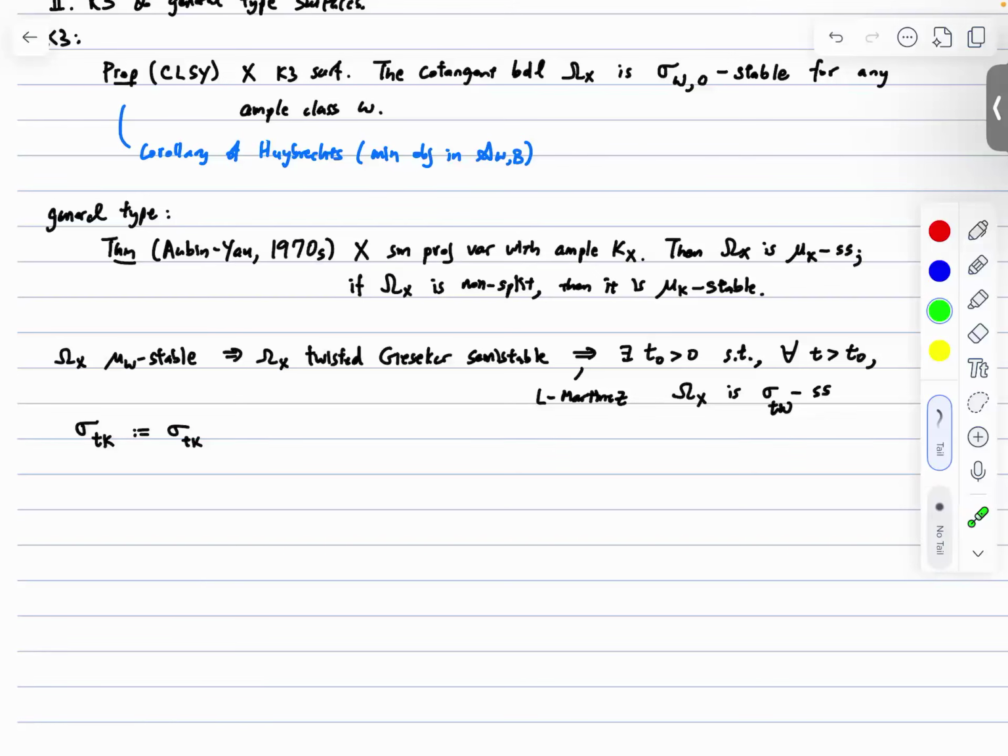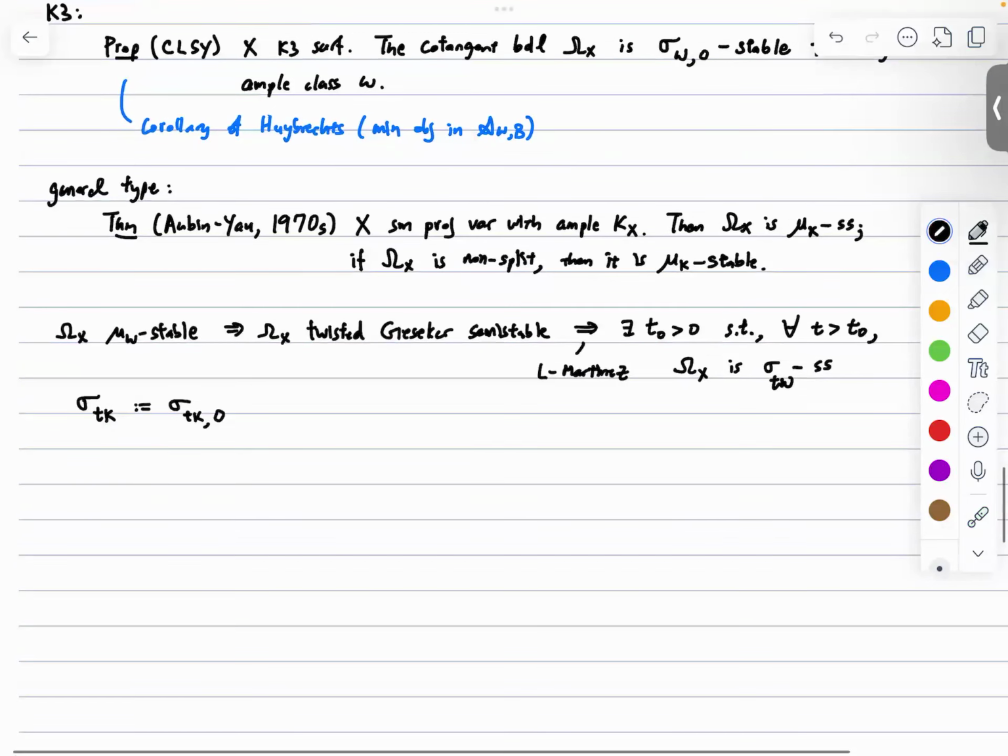So here I'm only writing T_K because the path for the divisor B is equal to 0. So we can think of this one parameter family as a ray.